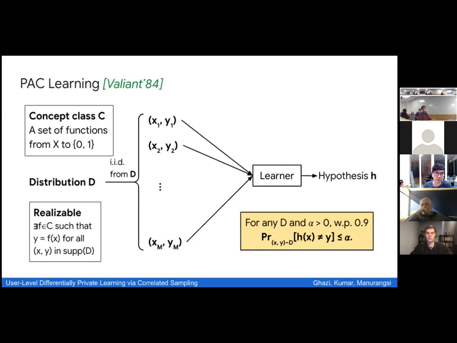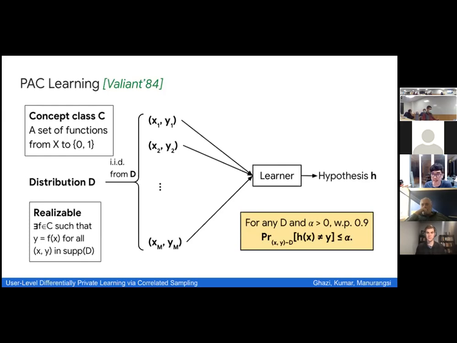Specifically, we want the probability that h(x) is not equal to y, when (x, y) is drawn from D, to be at most some accuracy parameter alpha with pretty high probability. Throughout this talk, I will think of alpha as just a constant, and I will neglect the dependency on alpha just for simplicity.